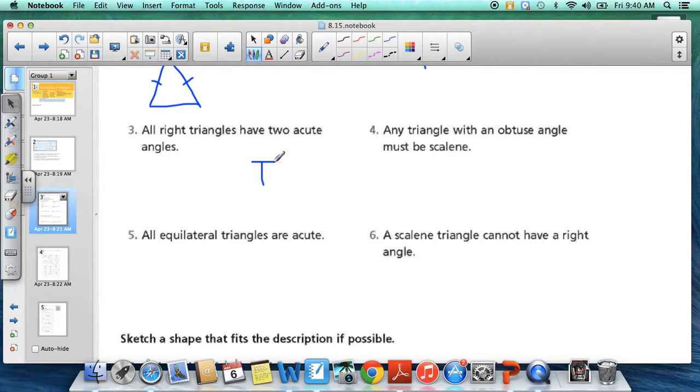So number 4, any triangle with an obtuse angle must be a scalene. So let's see, an obtuse angle is an angle larger than a right angle, which is 90 degrees, and a scalene triangle has no congruent sides. So that is false. Let's draw a little triangle that proves that that's false.